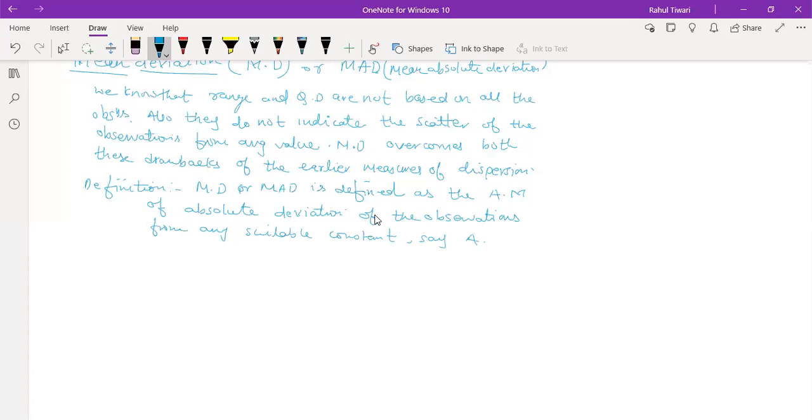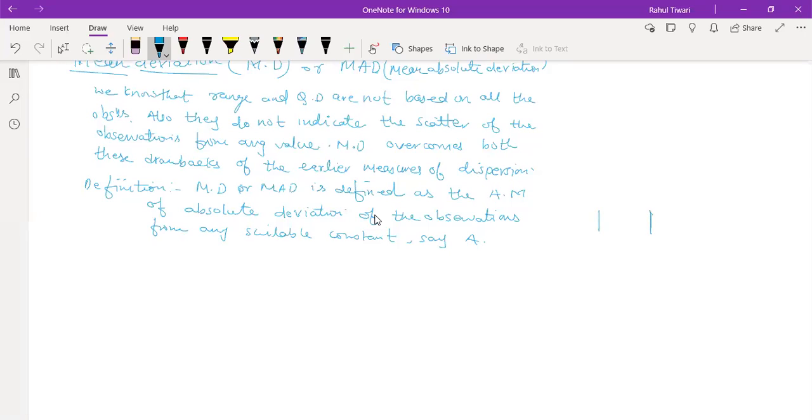Okay. So what is the definition of MAD? It's the AM of absolute deviation of observation from any suitable constant. So that means I'm going to take the absolute difference, the absolute deviation. Absolute means you know it's a mod.